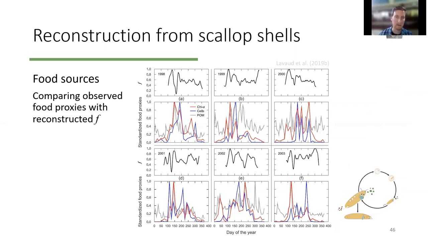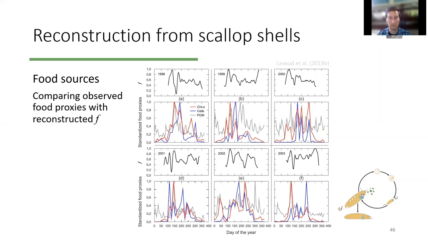And the last aspect of this study is to compare the reconstructed functional responses with proxies of food availability in the water. As I mentioned for the example with the blue mussel earlier on, bivalves feed on phytoplankton mostly, but they also filter other types of particles in the water.